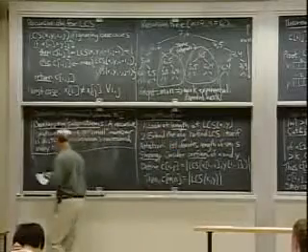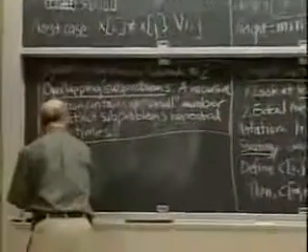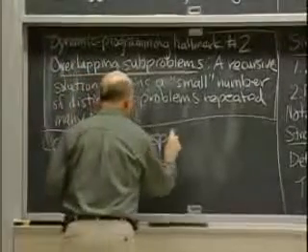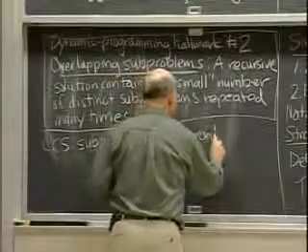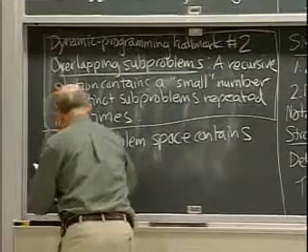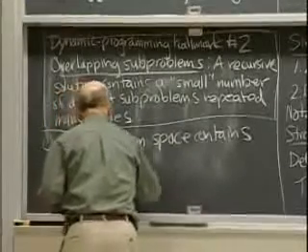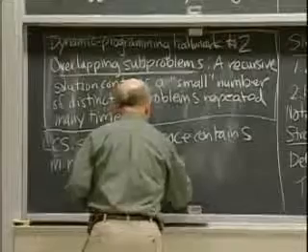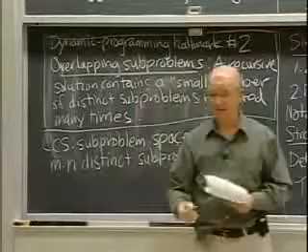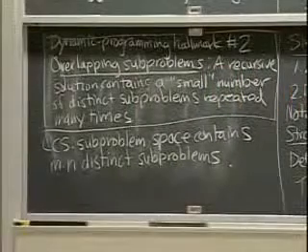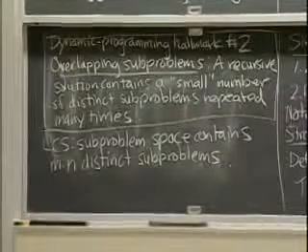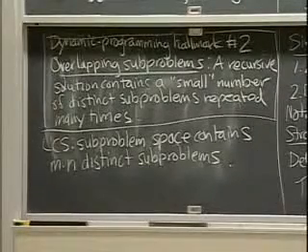So for longest common subsequence, the subproblem space contains m times n distinct subproblems. mn is a small number compared with 2 to the m plus n, or 2 to the n, or 2 to the m, or whatever.